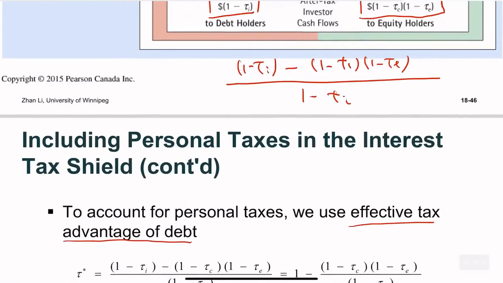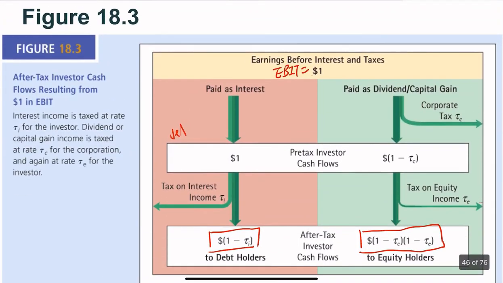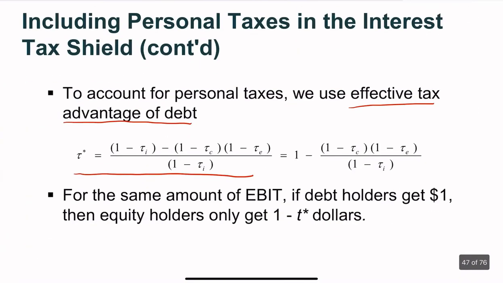Using this graph, you can understand why we construct the effective tax advantage of debt like this, right? How do we get this formula? And then obviously, it is very quick to see that this equality will hold, right? 1 minus TI divided by 1 minus TI gives you 1 here.